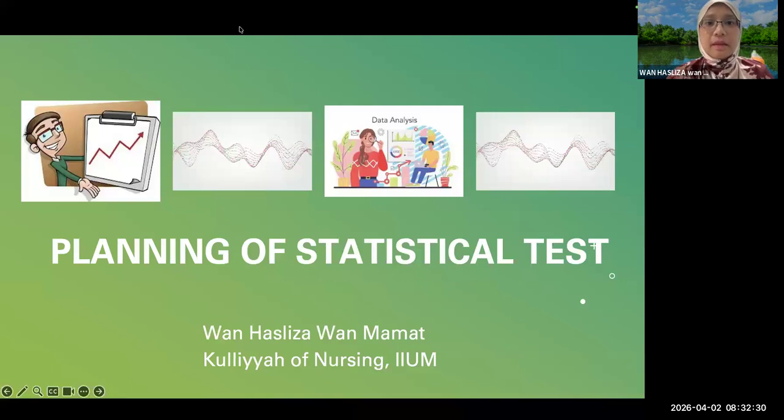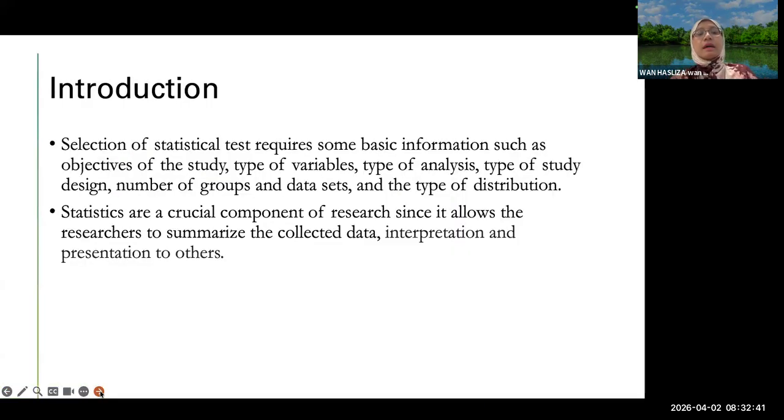So when you are planning to do a statistical test, the test requires some basic information, such as what is your objective of the study.